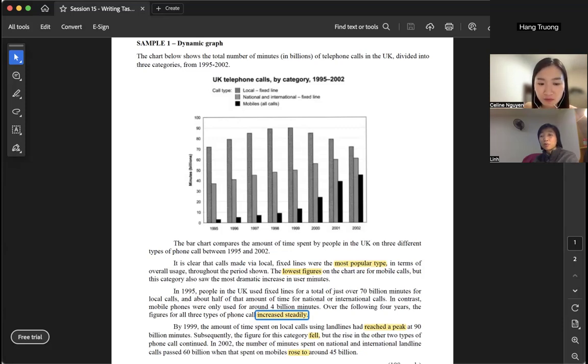Yeah, I agree with what you said at the beginning, that the body is divided into two paragraphs following the two periods of time, the first 4 years and the later 4 years. And in each period of time, they describe the trend of each type of phone call.